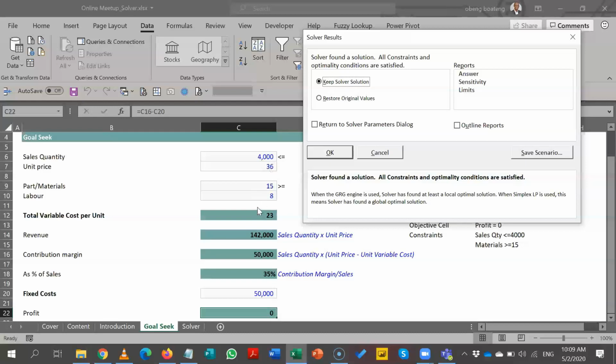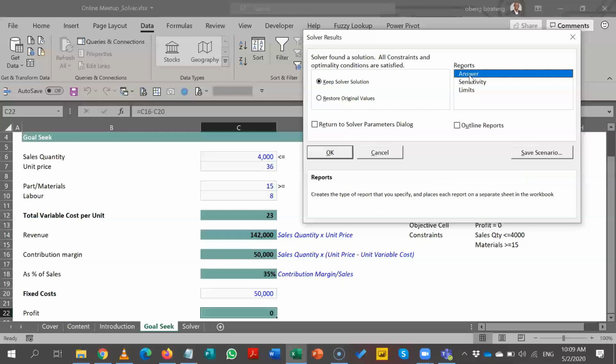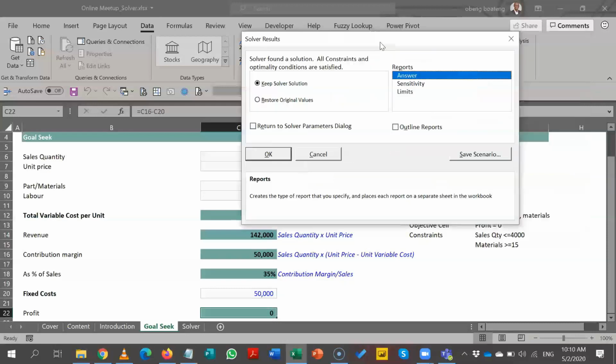Now, if you want it, you can click OK. If you like, you can cancel and restore to original values. Or if you like, you can even create a report out of this for you to discuss further with your boss. So before you even click anything at this stage, there are options. You can click answer to print out the answers in another worksheet.